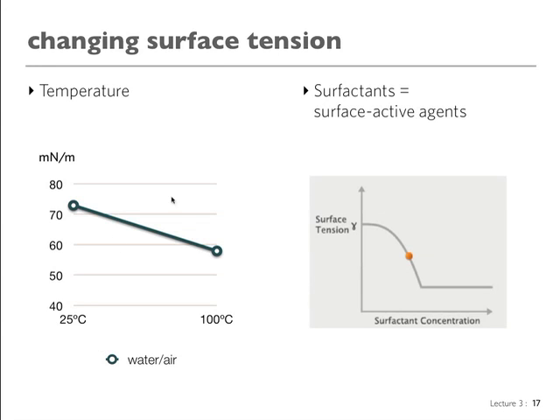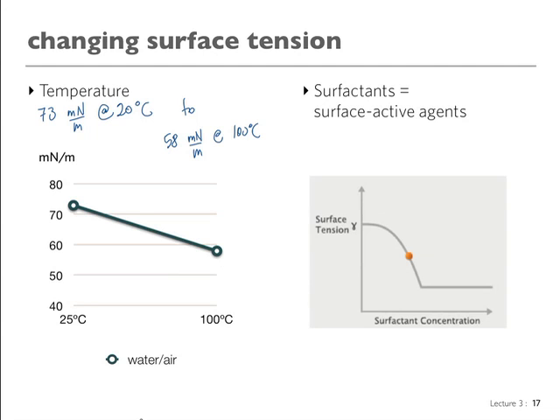The example that I have put here in this graph is water and air, where the surface tension for water goes from 73 micronewton divided by meter at 20 degrees Celsius to about 58 micronewton divided by meter at 100 degrees Celsius. So that's more or less what you would expect.